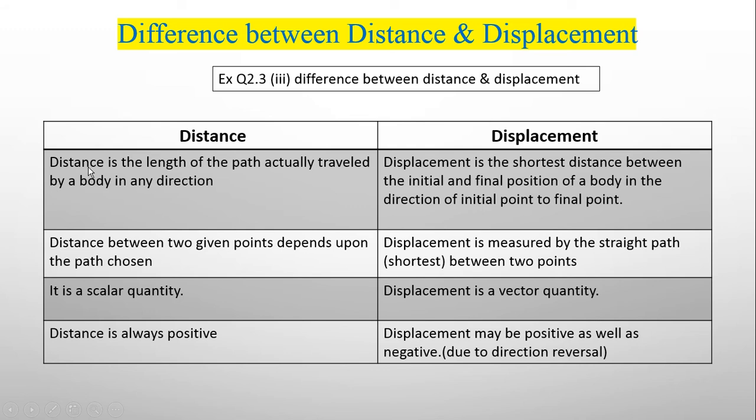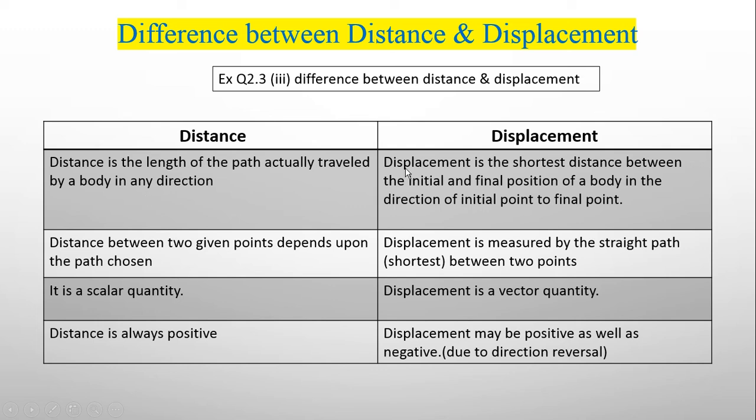First point, distance is the length of the path, or you can say distance is the total length of path actually traveled by a body in any direction. Means for the distance, direction is not specified. Your body can move in any direction.